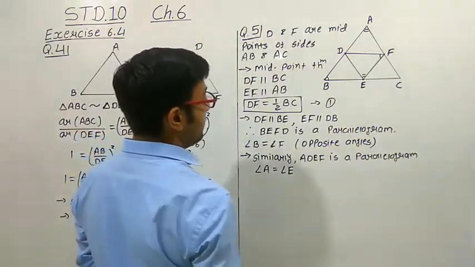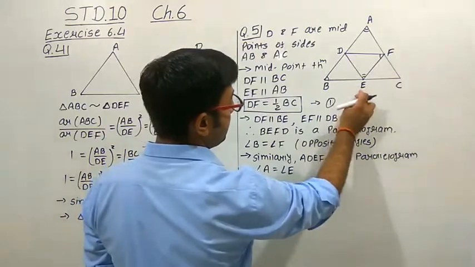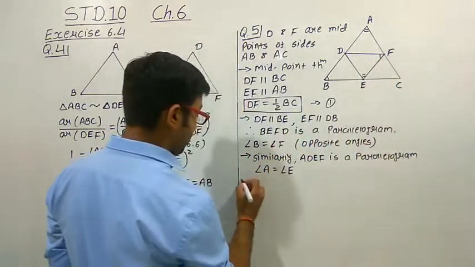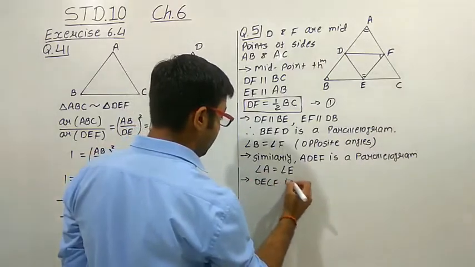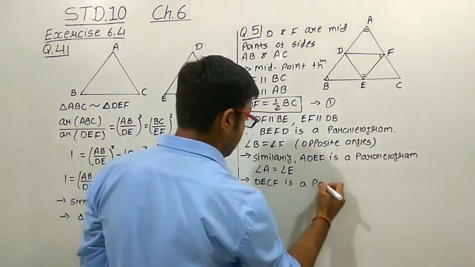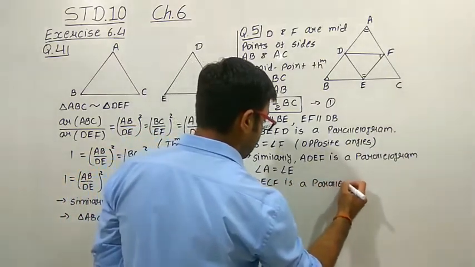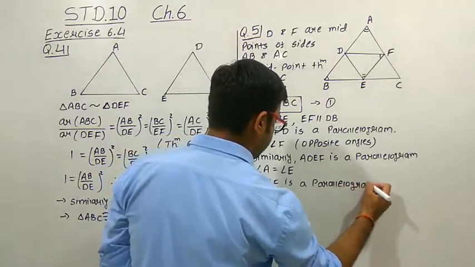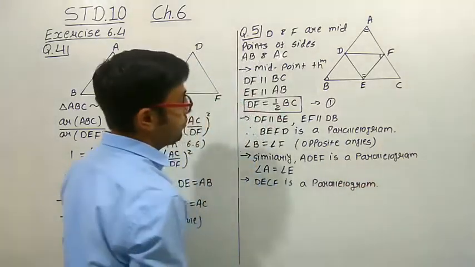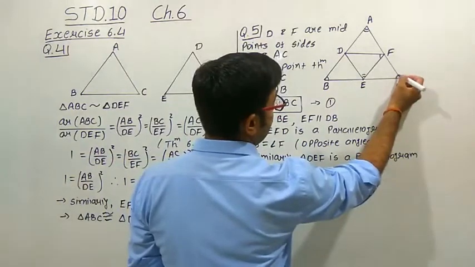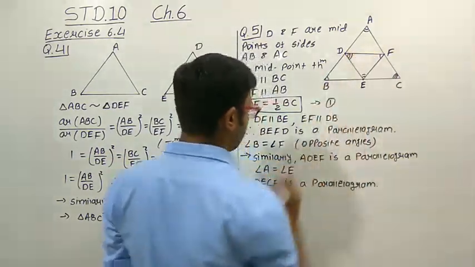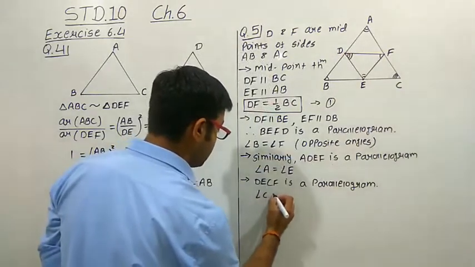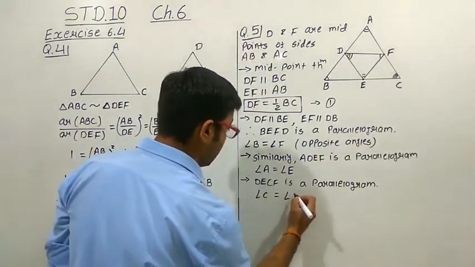Okay. In the same way, again we can prove that DECF is a parallelogram. So again their opposite angles, that is angle C and angle D, both will become equal.